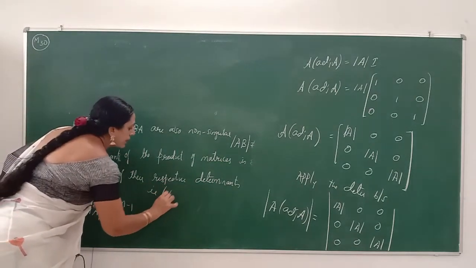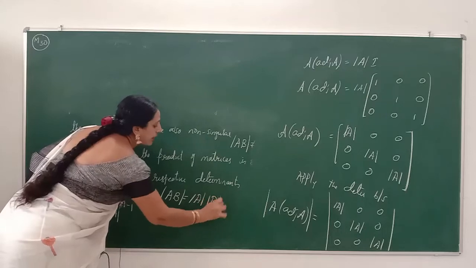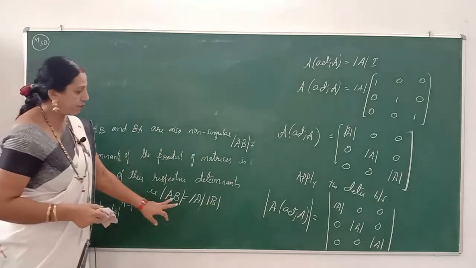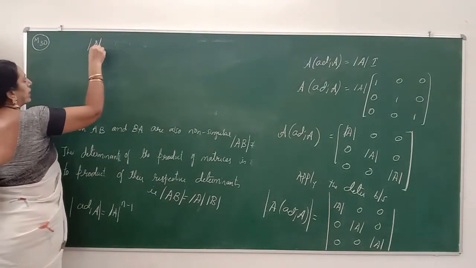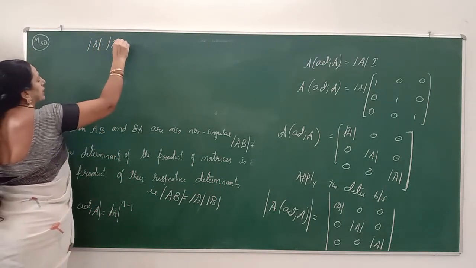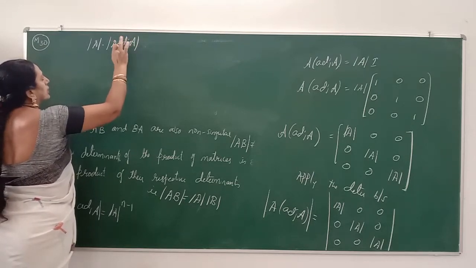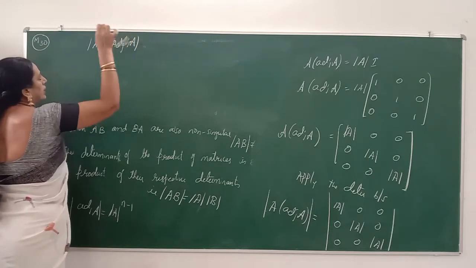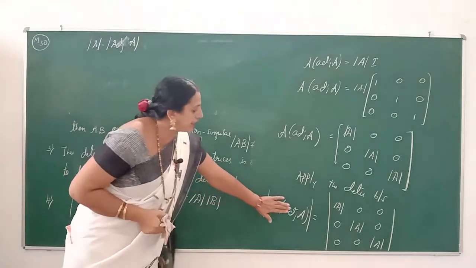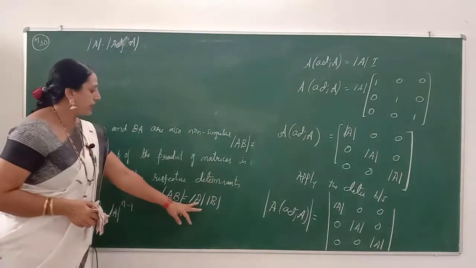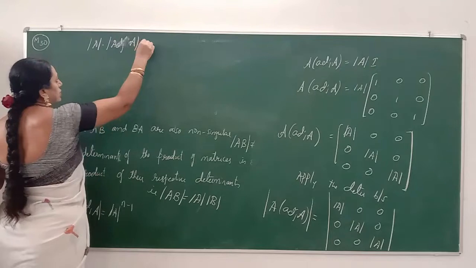That is, determinant of A into B can also be written as determinant of A into determinant of B. By using that property, it can be written as determinant of A into determinant of adjoint of A. That is the LHS.